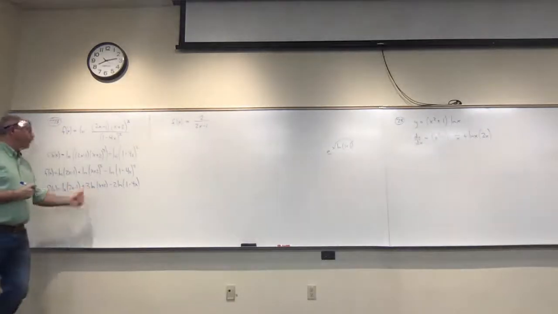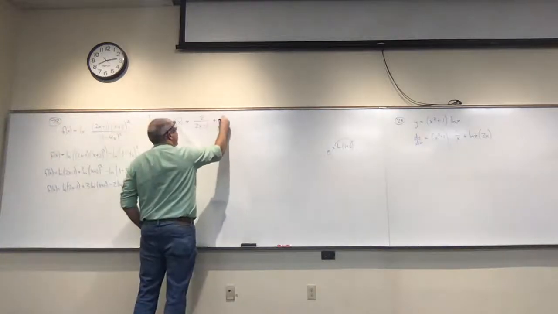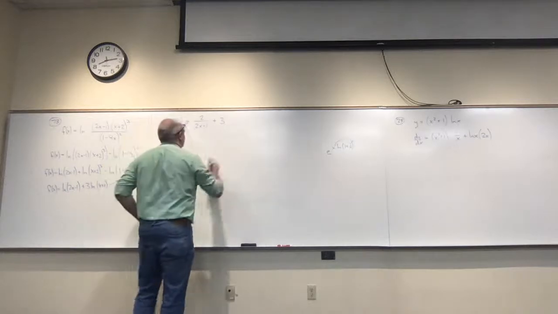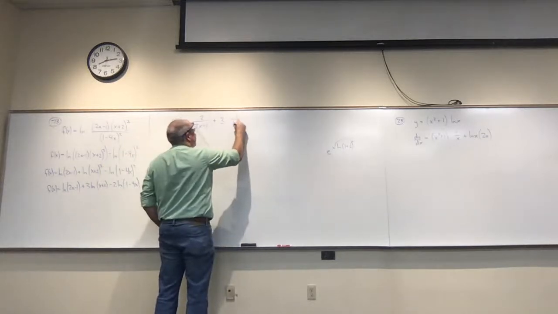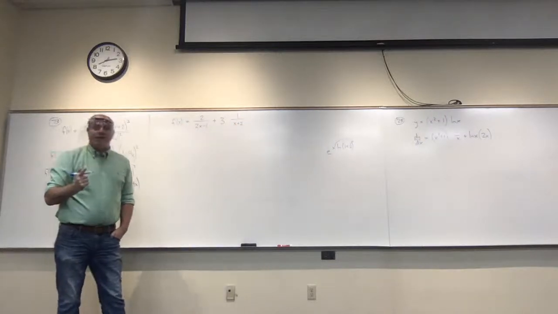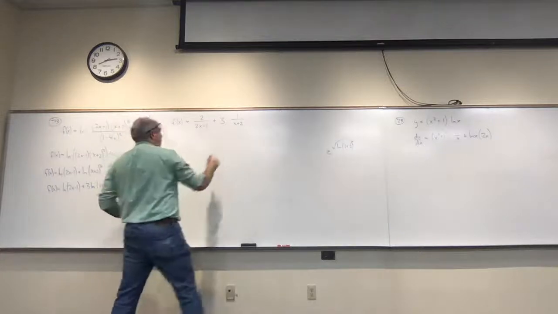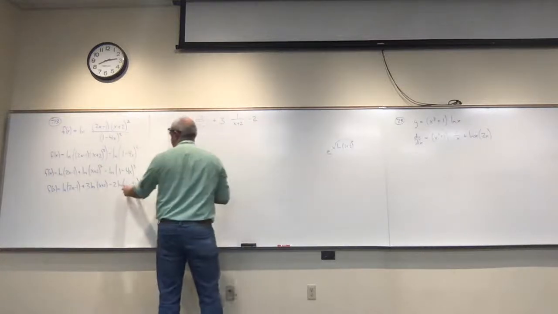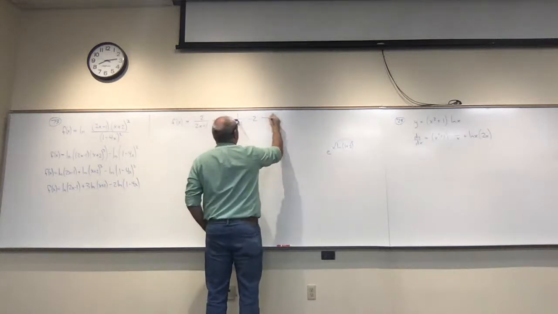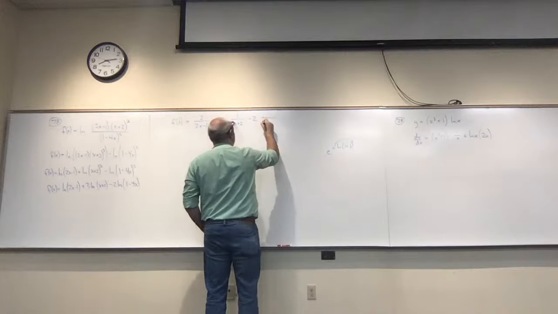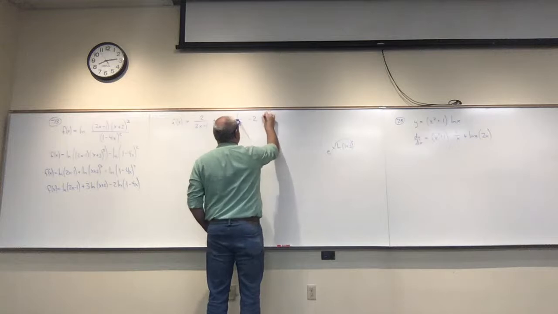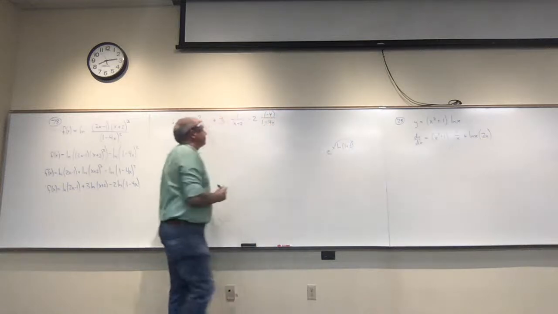Same thing here. I have 3, but the 3 doesn't really do anything. It just stays there. And then the derivative of ln of (x plus 2) is 1 over (x plus 2) times the derivative of x plus 2, which is just 1. Minus 2 times the derivative of ln of (1 minus 4x), which is 1 over (1 minus 4x) times the derivative of 1 minus 4x, which is minus 4.